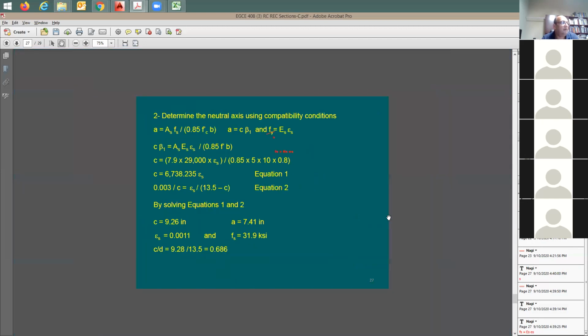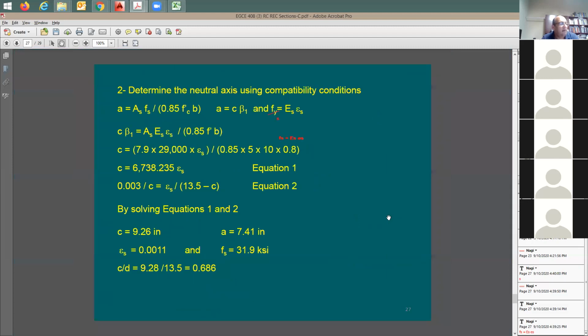Yes. Is that compatibility equation always going to be Fs equals Es multiplied by epsilon s? You're talking about this equation? Yes. The issue is defining equation number 1, because this one we had before.